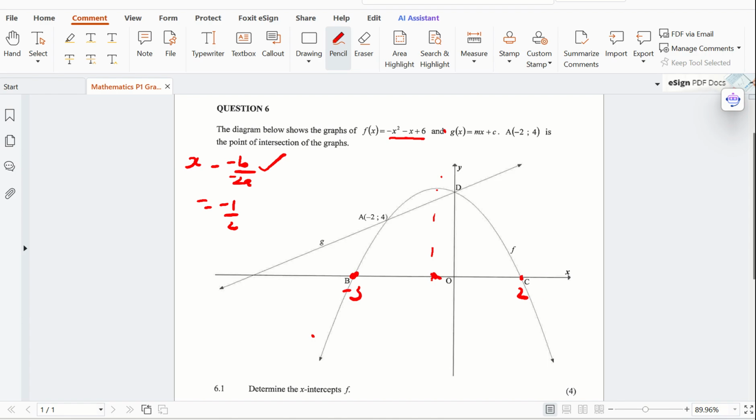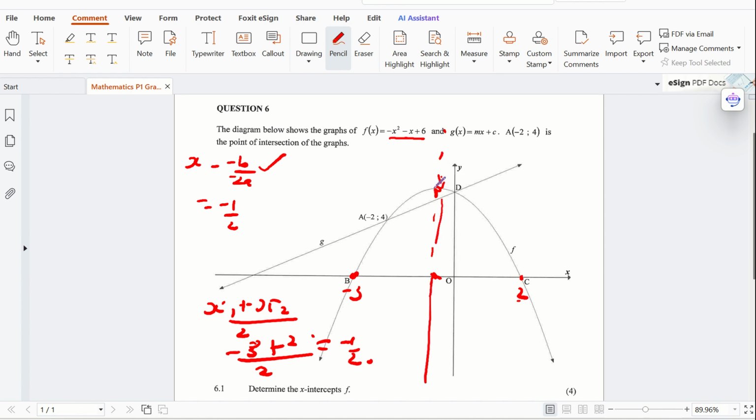The formula for the midpoint for the x coordinate is x1 plus x2 over 2. Your x1 is minus 3 plus your x2 is 2, over 2. This will give us minus 1 over 2. That's another way of finding the x of symmetry, or the x coordinate of the turning point. Thumbs up if you're happy.